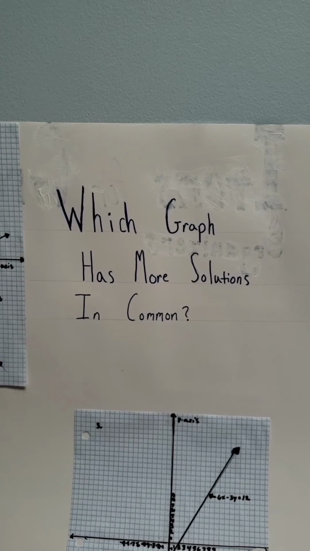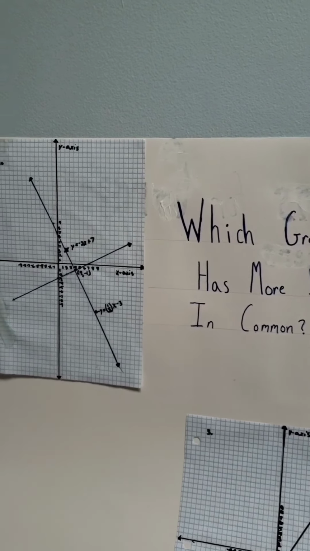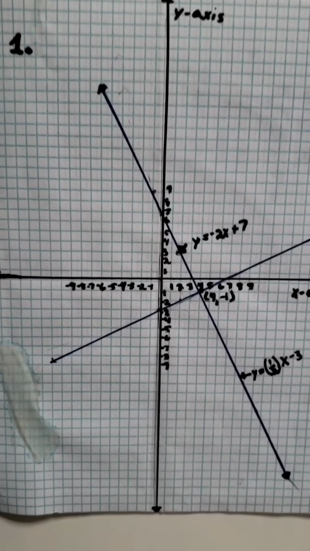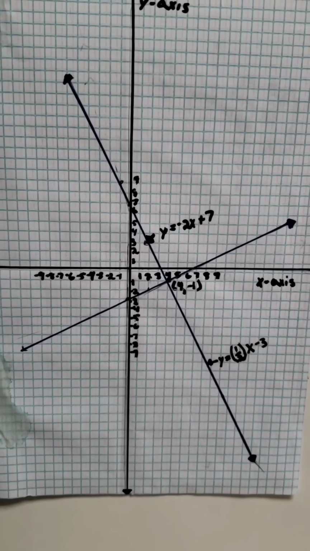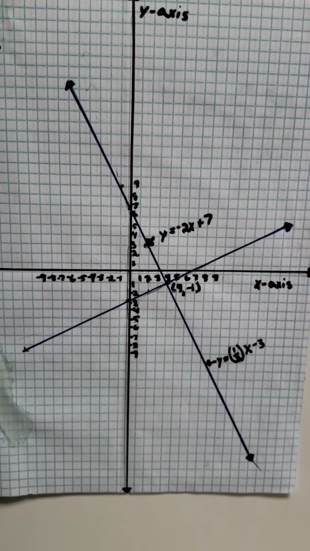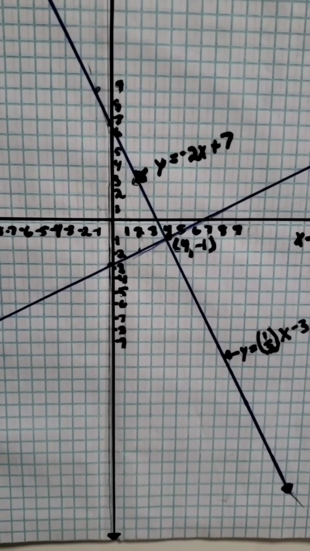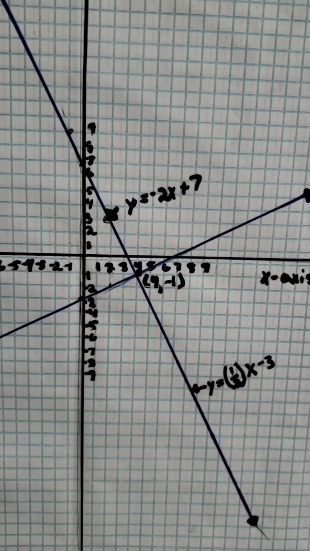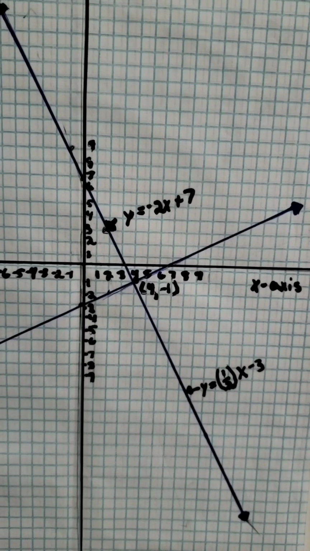As you notice, you'll have 3 different graphs that I will pass out. Here's graph 1, in which you have the equation y equals negative 2x plus 7, the point 4 comma negative 1, the equation y equals 1/3 x minus 3.